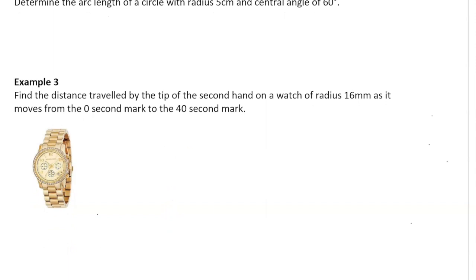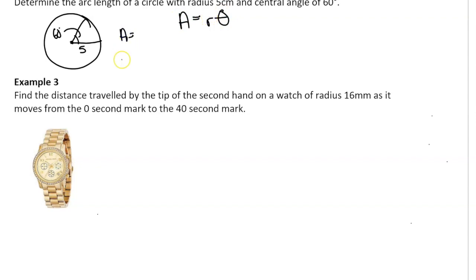Okay, so a couple examples here. Determine the arc length of a circle with a radius of 5 and a central angle of 60 degrees. Let's draw this out right here. Based off of that, we know A equals r times theta, and in this case, the radius is going to be 5, and the angle is 60 degrees.